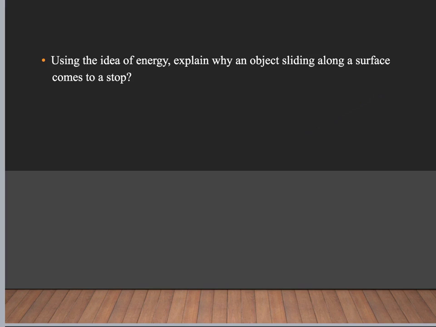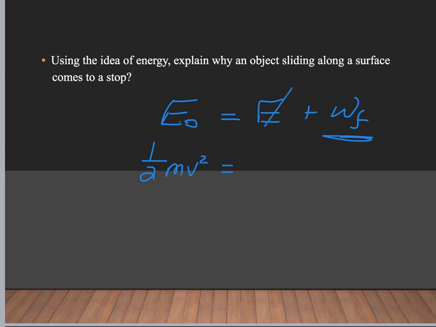Once the object stops, the only energy left is the work done by the friction, right? So at first, this object would be moving. At the end, there is no mechanical energy. The only thing left is the work done by friction, which is no longer mechanical energy. There is no motion, okay? So there is no energy.